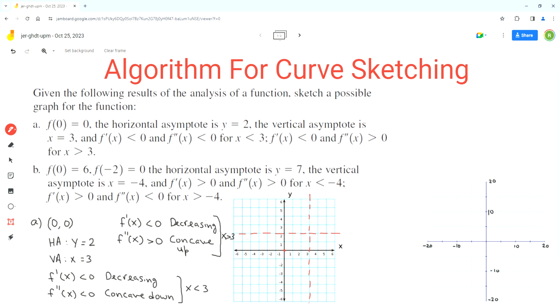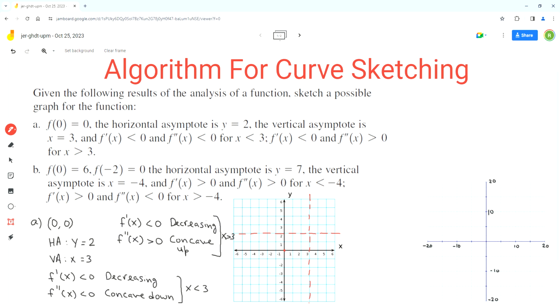Now to the left side of x equals 3, where x is less than 3, the function is decreasing and concave down. So now these two asymptotes divide the grid into 4 quadrants. In the bottom left quadrant lies the given point (0, 0). So in that quadrant where x is less than 3, the function is decreasing and concave down.